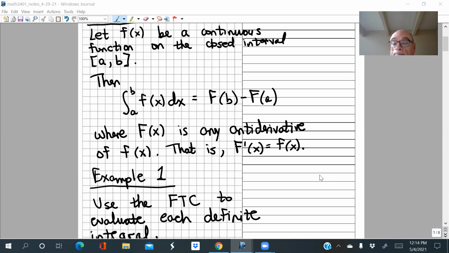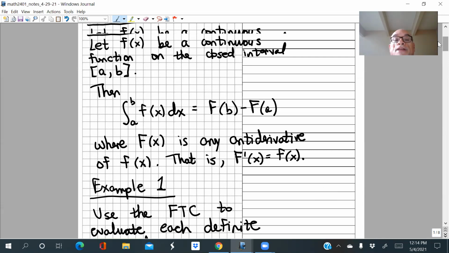But this was an important problem at the beginning of calculus, when people had important reasons for being able to compute these areas, but they were not able to do it. So this was a great discovery when they determined that this is really related to the problem of finding an antiderivative.